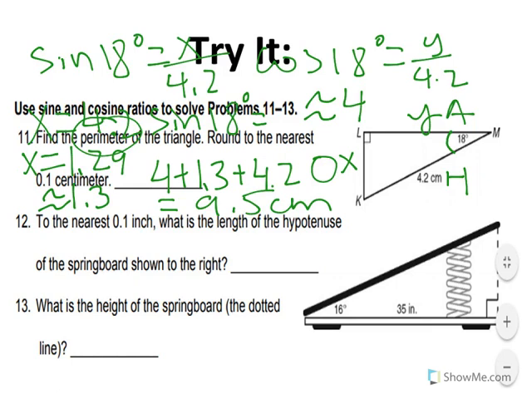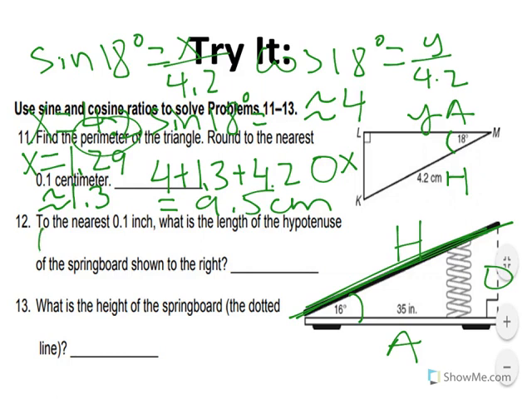Right? Okay, and for number 12, to the nearest 0.1 inches, what is the length of the hypotenuse of the springboard shown to the right? So we're observing from this angle, so then we have opposite here, and here we have the adjacent and hypotenuse. Right? So we're looking for the hypotenuse, this part. So we have adjacent and hypotenuse, so we need to use cosine.